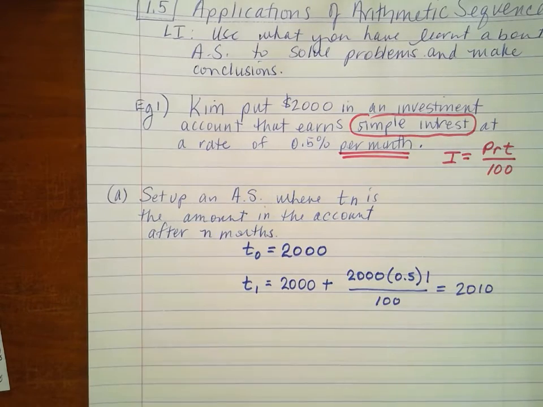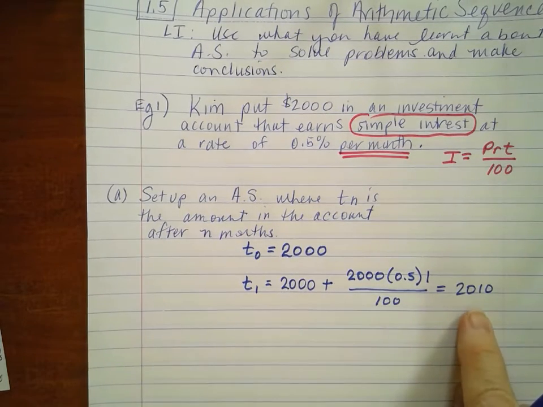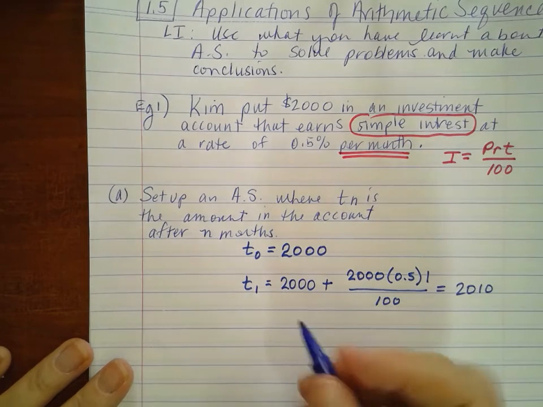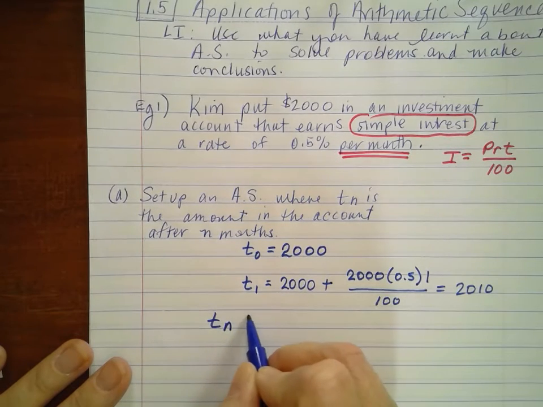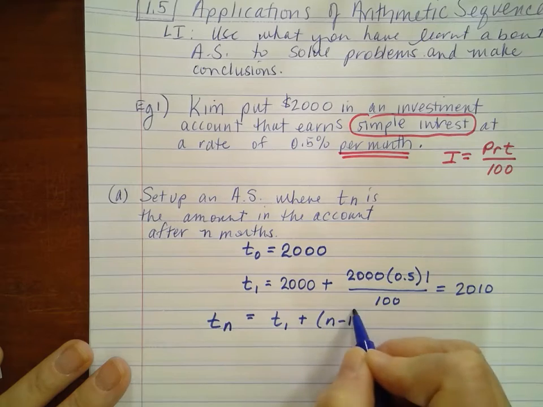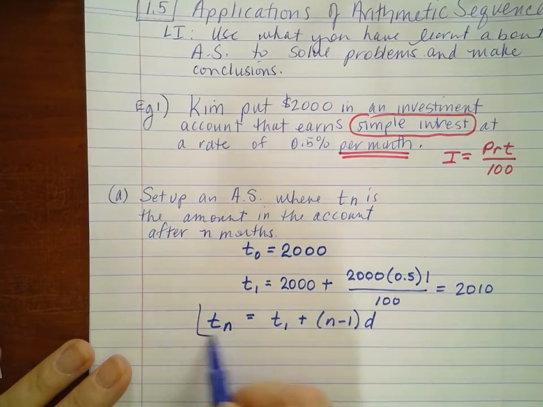So I can see that it looks like she's going to earn that. But I want T sub n. My usual formula is T sub n equals T sub 1 plus n minus 1 times d. Remember that formula?